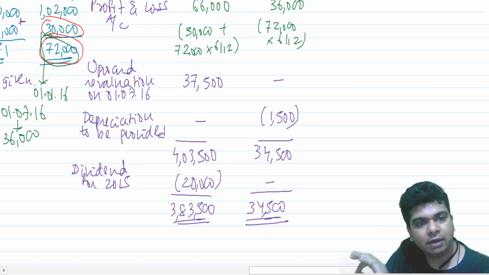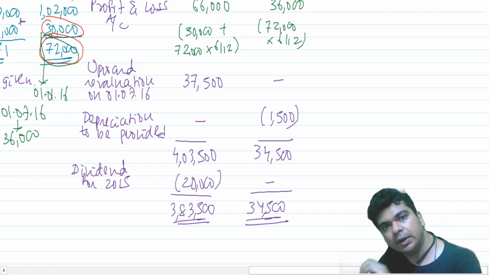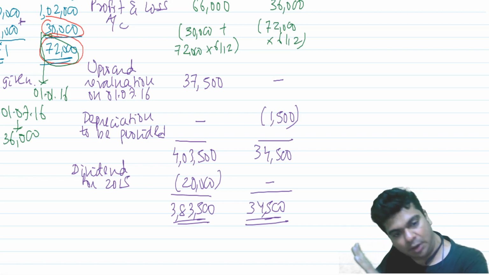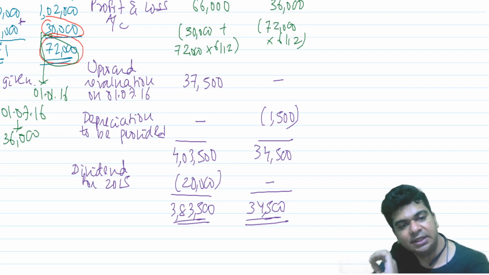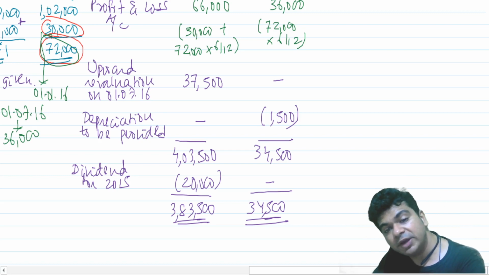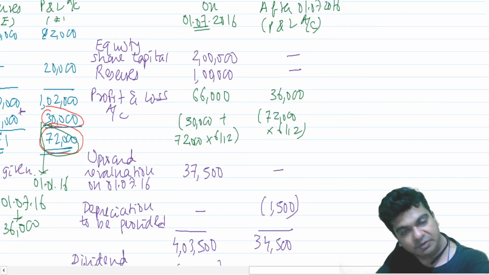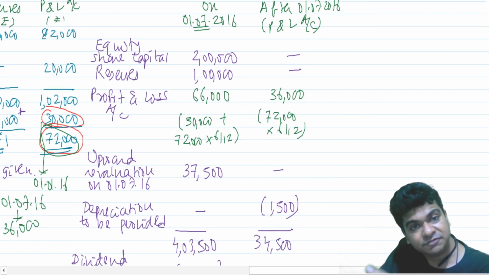I hope you are okay with the dividend effect. Again, I'll repeat in case you have some trouble. Otherwise, you can just move forward and see the video further. What we are arguing is that dividend is for the year 2015, right? So it will be paid out of profits earned in 2015.